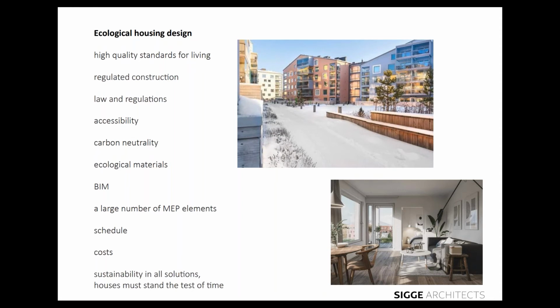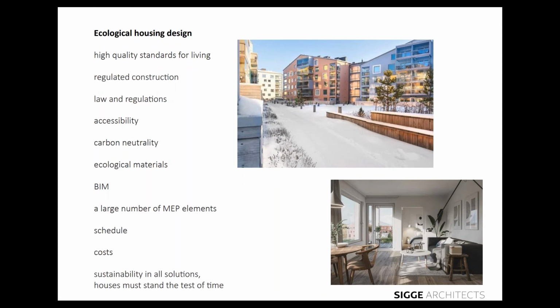Eco-friendly design means a large number of MEP elements. The Harppuun block utilizes solar and geothermal heat energy, so the HVAC must be considered right from the beginning. Although, for example, the floor height is the same as it is in a normal house, and that gives us many challenges to fit all the technology into the building.